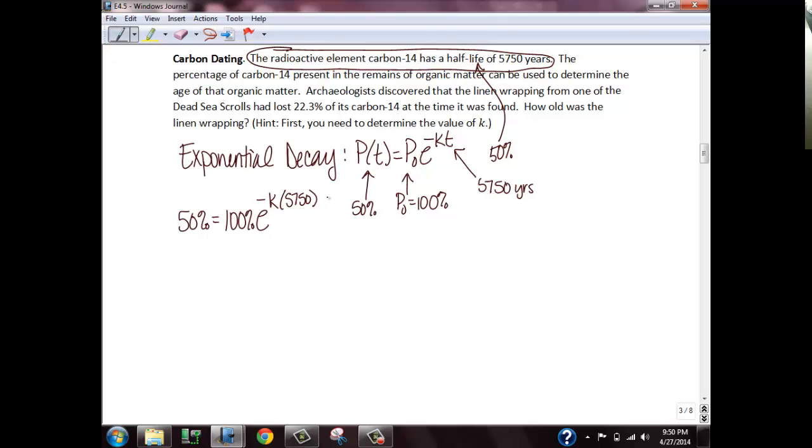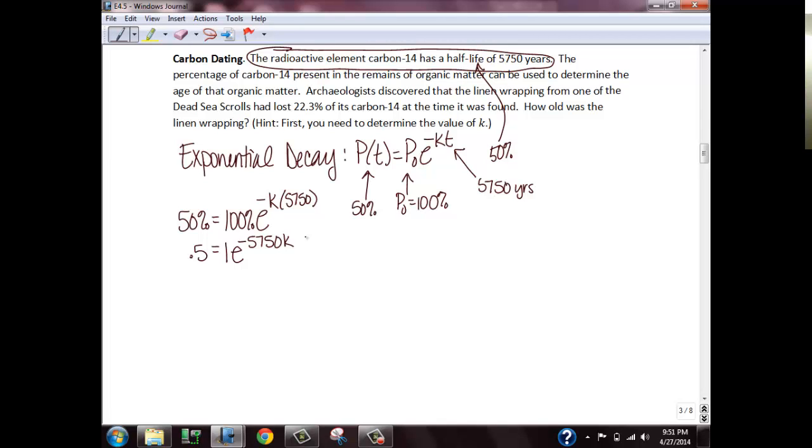And two, in the exponent, I'm going to multiply negative k and 5750. So 50% as a decimal is 0.5. 100% as a decimal is just 1. And I have e to the negative 5750k. If I multiply negative k by 5,750, I get negative 5,750k.